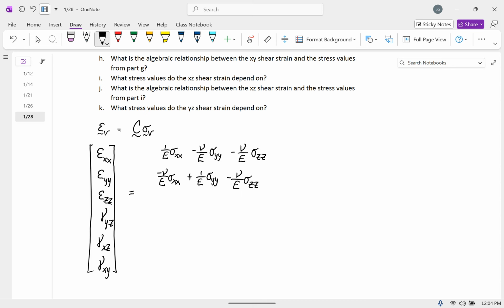And so the dependence is the same, but the equation is a little bit different. Then the next one, EZZ is equal to nu over E sigma XX minus nu over E times sigma YY plus 1 over E times sigma ZZ.